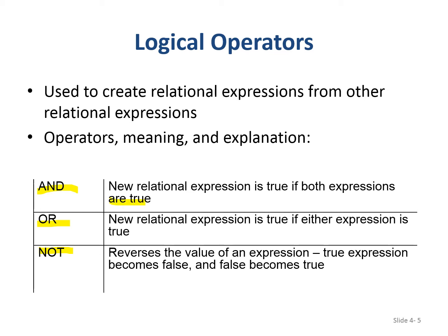So both sides must be true, then it will be true. With or, the new relational expression is true if either expression is true. So if either one is true, it is considered true. Not means reverse the value of an expression. A true expression becomes false and a false one becomes true.